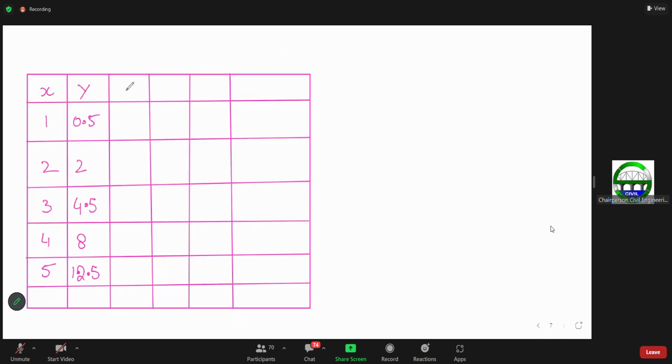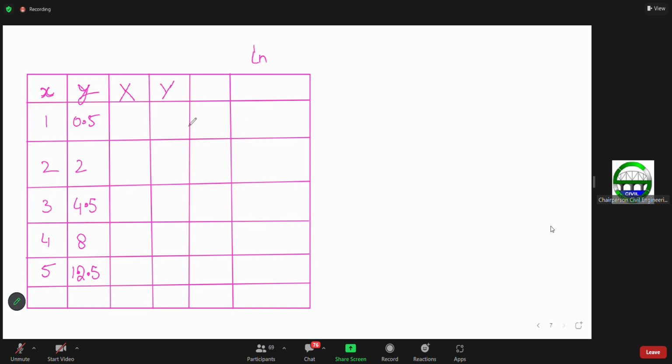So let me make that. This is small, and this next will be equals to capital, so capital X, capital Y. So capital X, what is the capital X? Just take natural log, okay? Natural log in your calculator.